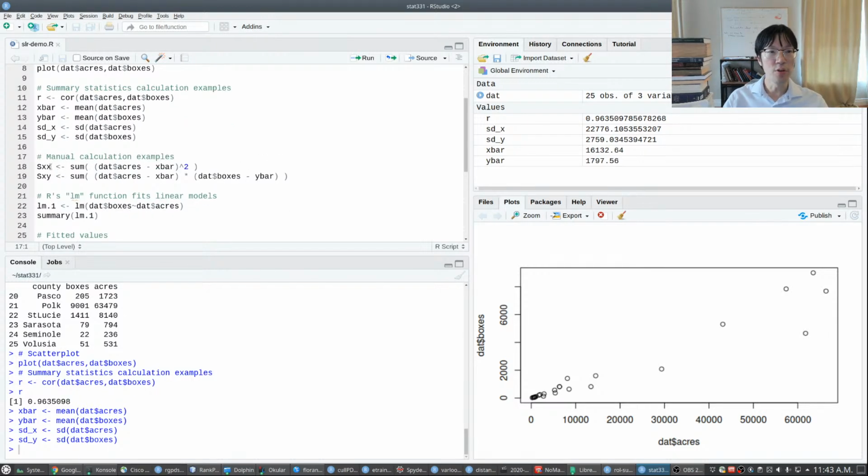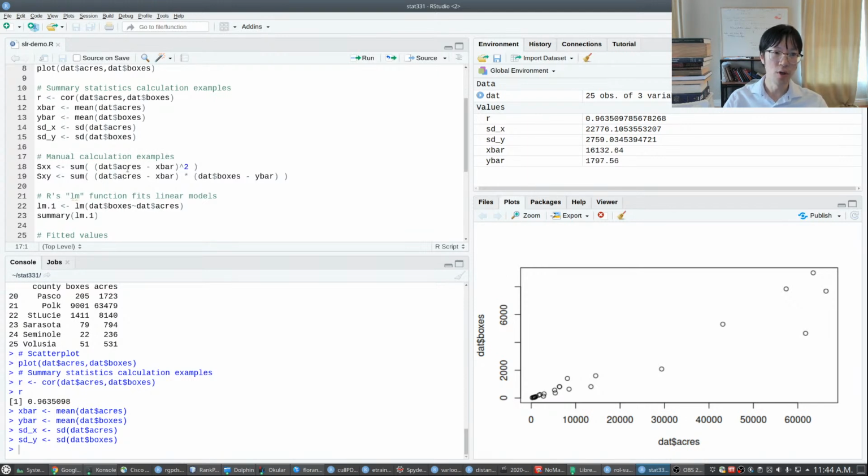Okay, so on the board I also wrote the sum of squares values, so we can calculate them as follows. So what is sum of squares x? Well, we take each of the x values, subtract the mean of x, so that's x bar, and then we square them and sum them up. So that's how we write this in R. The sum takes the sum of this as a vector. So you notice R naturally operates on vectors.